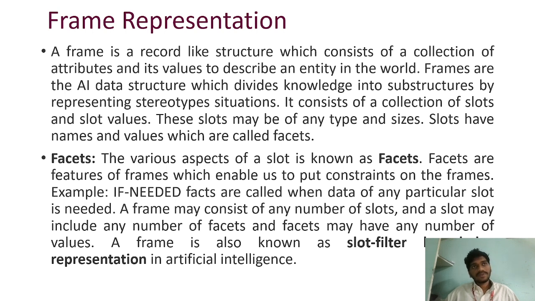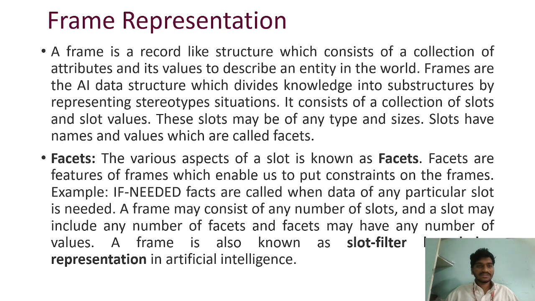And coming to frame representation, we have many frames with frame names and frame values, facets, and there is a kind of relationship between frame to frame, like is-a and part-of.